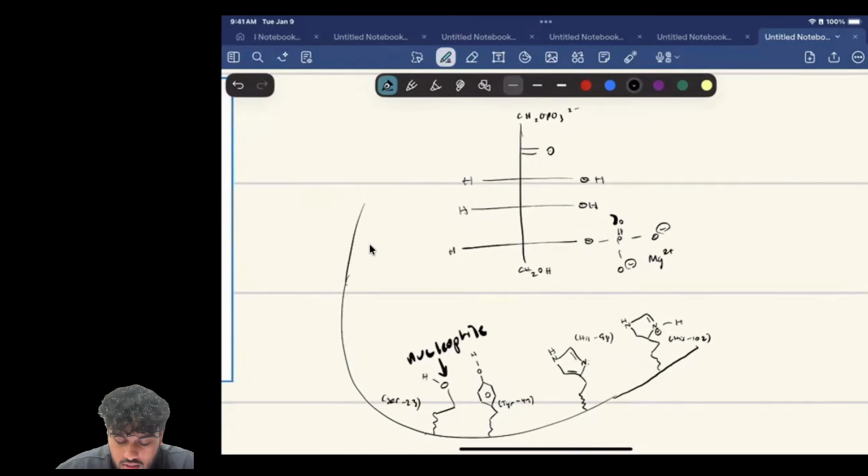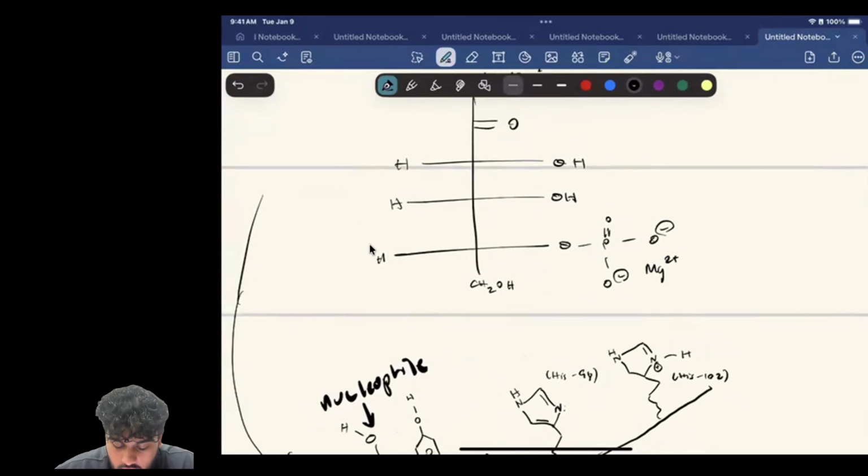Overall, just making the central phosphorus atom positive, as you can see right there. The negative oxygens pull the electron density away from the central phosphorus atom, and it gives it a strong positive partial charge. So the dipole would be written like this, and overall just makes it highly susceptible to attack.